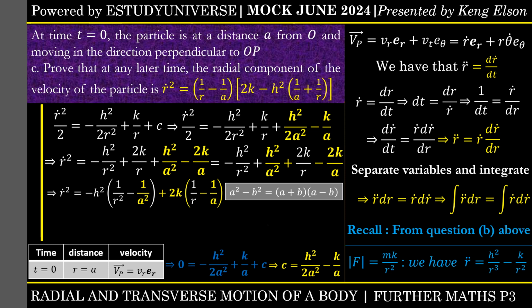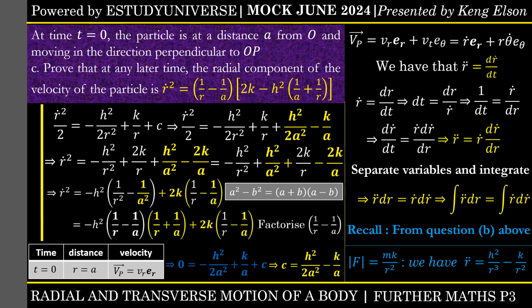So if we write this as a difference of two squares before factorizing, 1 on r squared minus 1 on a squared is 1 on r minus 1 on a times 1 on r plus 1 on a.